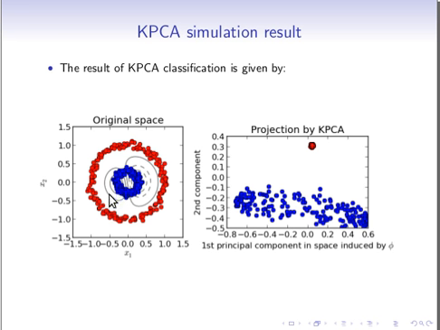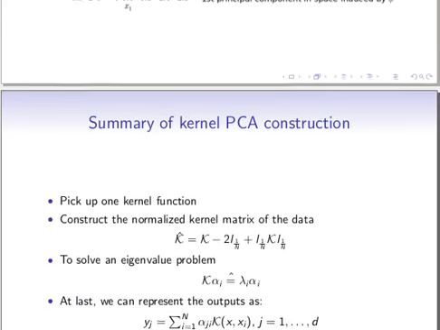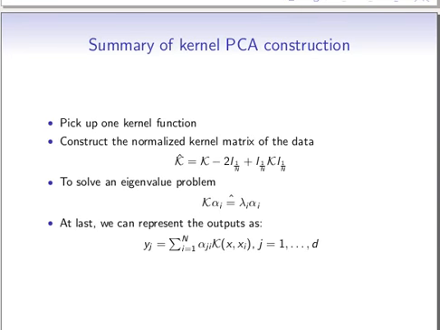Compared with the previous PCA classification, we can find the kernel PCA is able to separate the data into the two classes from the right figures. So this is the proof to present that the kernel PCA is able to classify the nonlinear data better than the PCA.